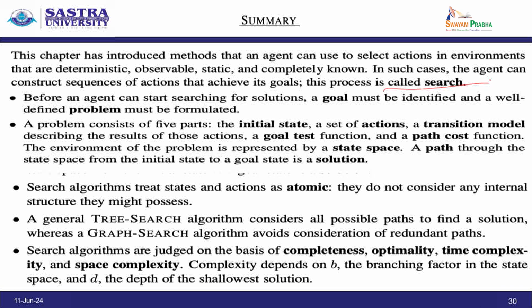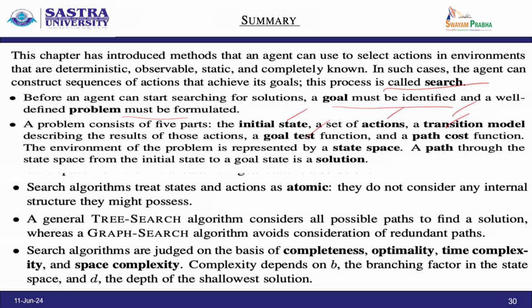Before an agent can start searching for a solution, a goal must be identified and a well-defined problem must be formulated. A problem consists of 5 parts: the initial state, the set of actions, the transition model describing the result of those actions, the goal state function, and the path cost. So, these are all the 5 parts.